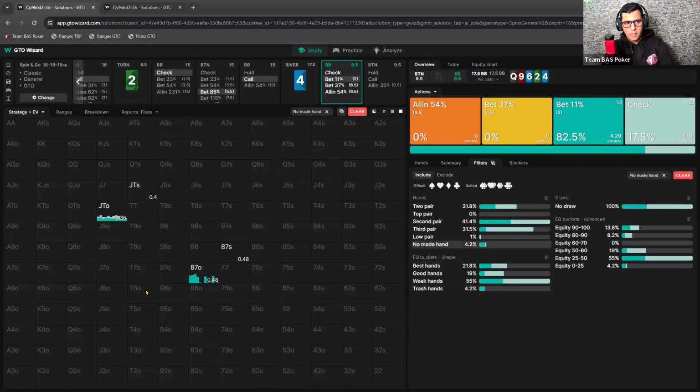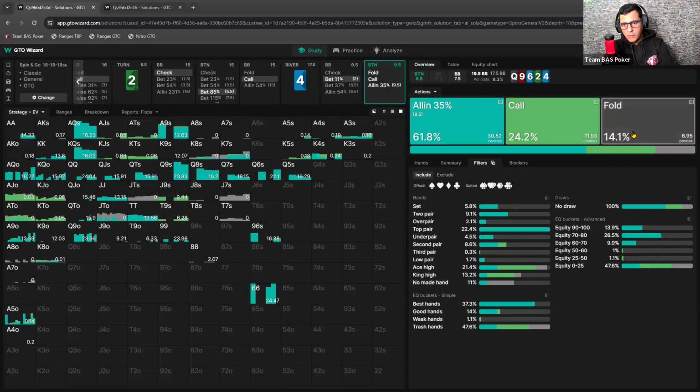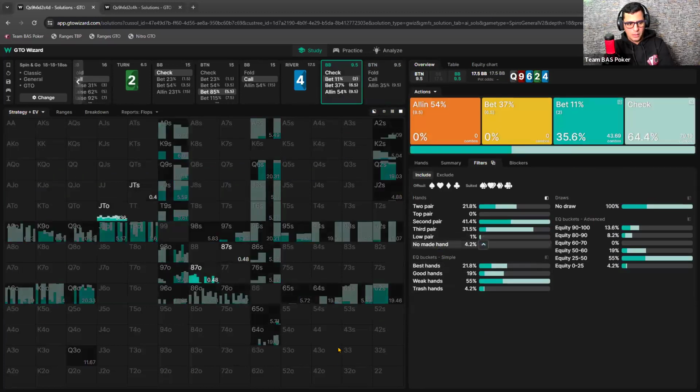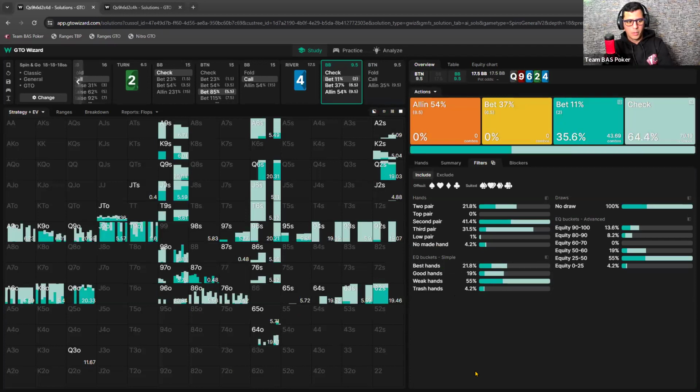And you can see here, with this 2 big blind bet, even with only 14% fold equity, it's still generating how much was it, 0.48 big blind per 100, which is a very, very nice EV.